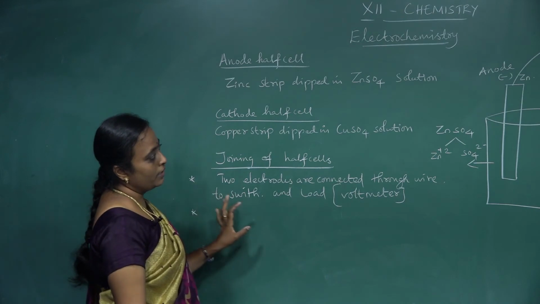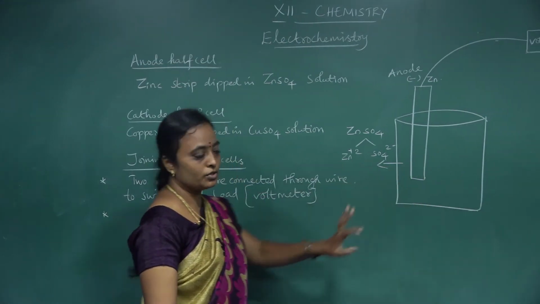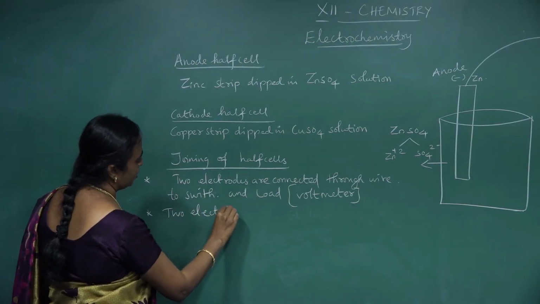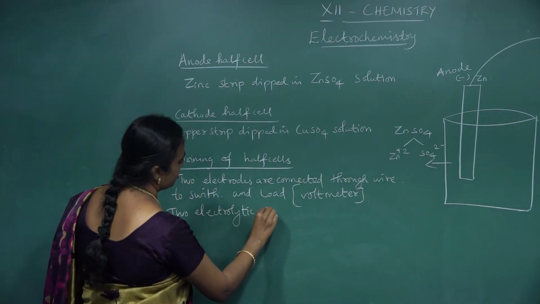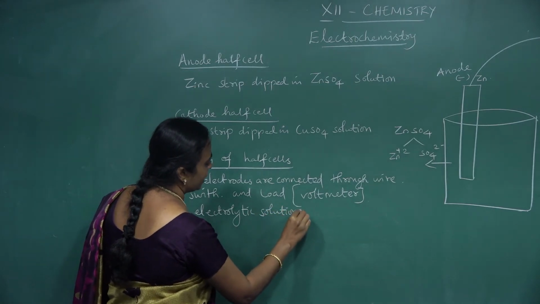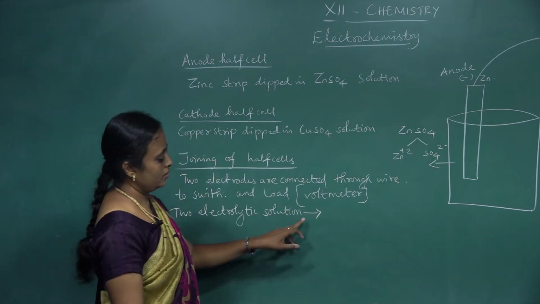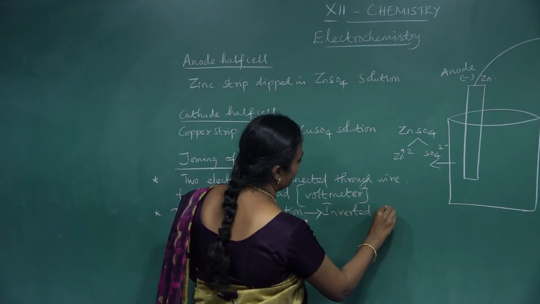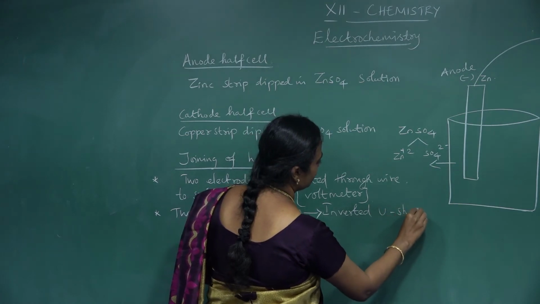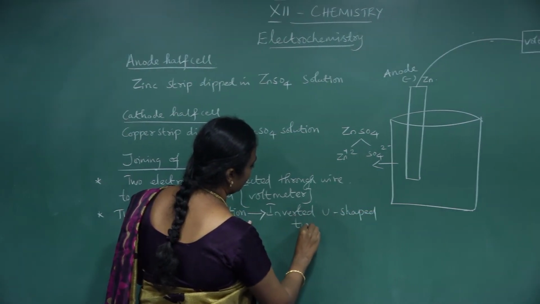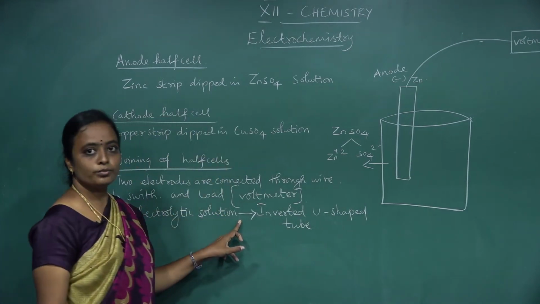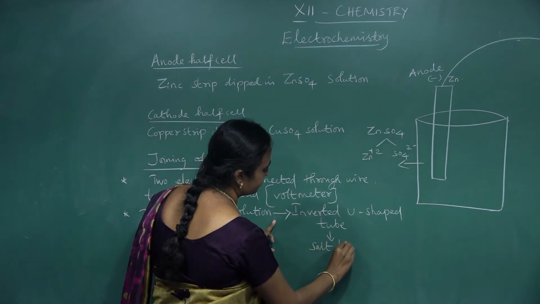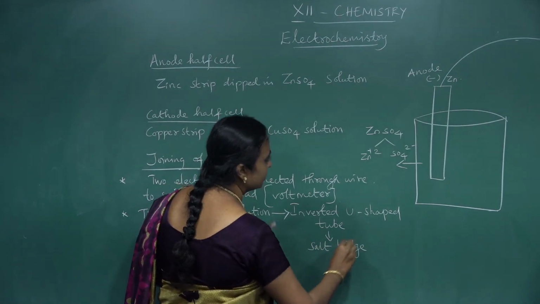Next, we are going to connect the two electrolytic solutions. The two electrolytic solutions are connected by using an inverted U-shaped tube. Inverted U-shaped tube, that is known as a salt bridge.